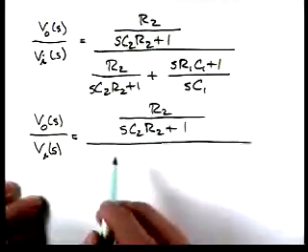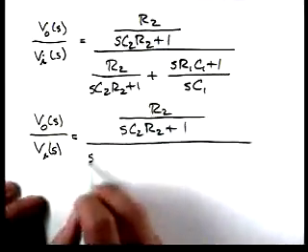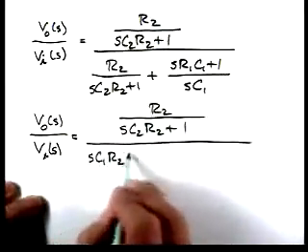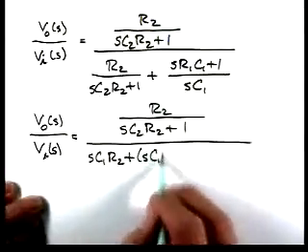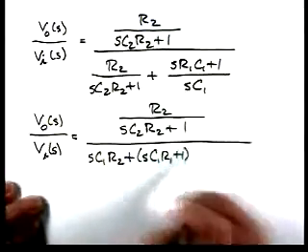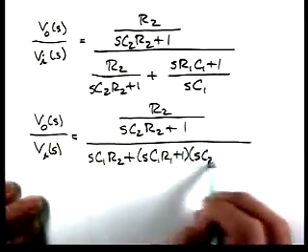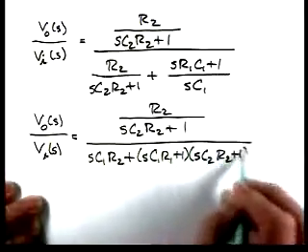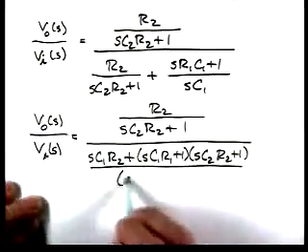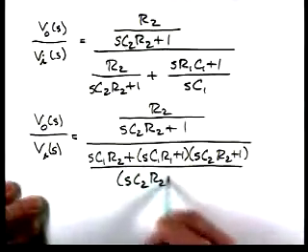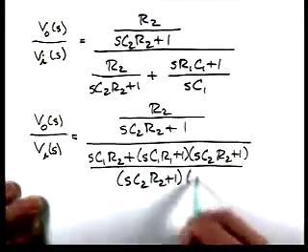In the bottom here we'll have (sC1 R2 plus sC1 R1 plus 1) times (sC2 R2 plus 1) divided by (sC2 R2 plus 1) times sC1.